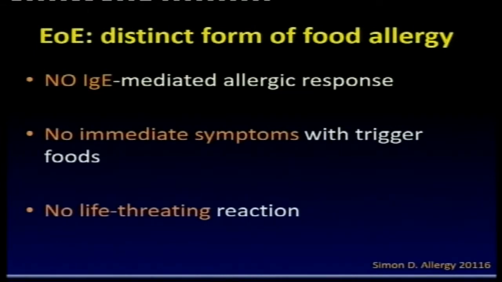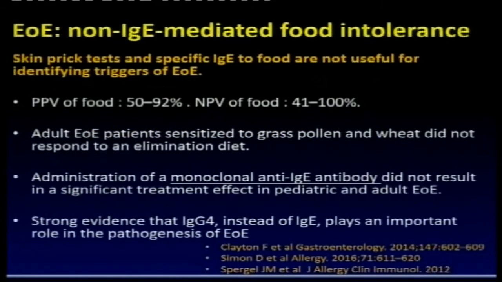So they conclude that eosinophilic esophagitis is a special form of food allergy. It is a non-IgE mediated disorder, with no immediate symptoms after a trigger, and alhamdulillah, there are no life-threatening conditions like anaphylaxis and others. Another question or concern is whether eosinophilic esophagitis is an IgE disorder. The answer is that it is a non-IgE disorder. Why?